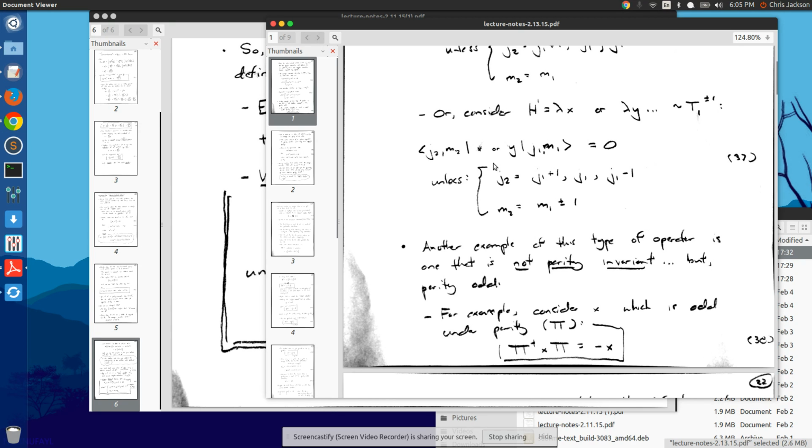So these matrix elements are going to be the same thing we had before, because it's still imparting this 1 down here, but now M1 and M2 have to be different, so M2 has to be M1 plus or minus 1, depending on what this value is up here.